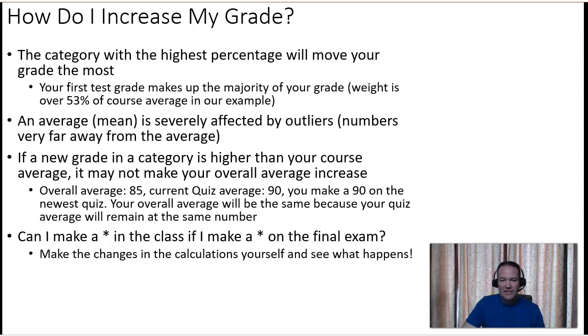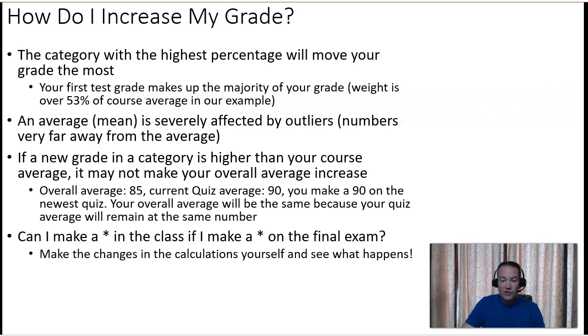Teachers, we don't really like to deal with that, but I will give you some pointers here to think about, at least mathematically. First of all, the category that has the highest percentage is going to move your grade the most. So remember earlier I mentioned that when you only have a few categories in, your test grades counted as a little over 53% of what your course average was.